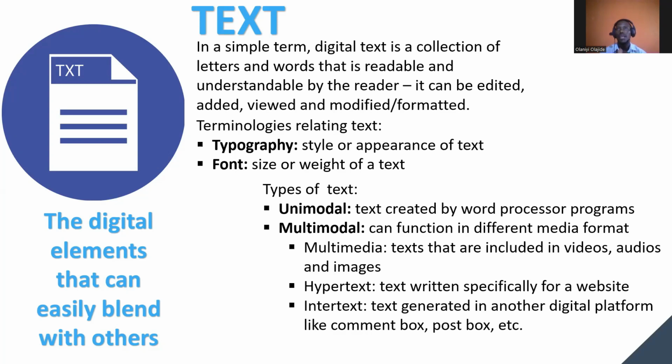The mode is uni, that is one. That is, you create that text using one program, right? And then if you want to access that text again, you need to run it through that same program which you have created it with. So that's why we call it a unimodal text.